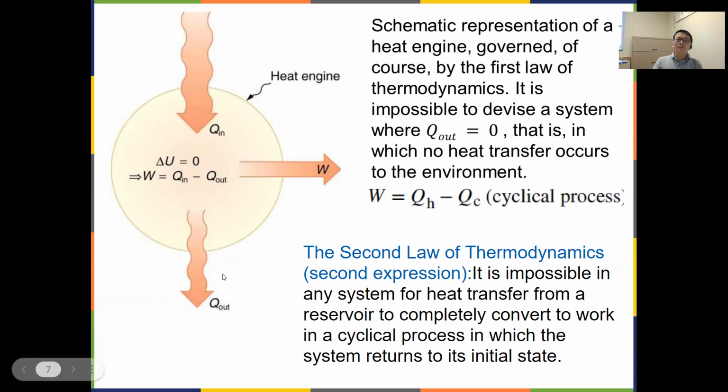A second version of the second law of thermodynamics says it's impossible in any system for heat transfer from a reservoir to be completely converted to work in a cyclical process in which the system returns to its initial state. Okay, so in this case, it means you cannot convert all the Q in fully to work. That's basically what it says.